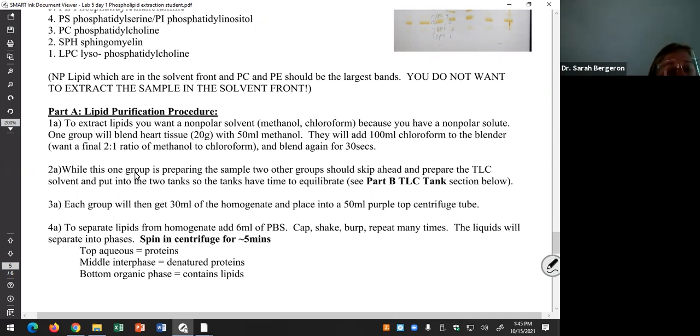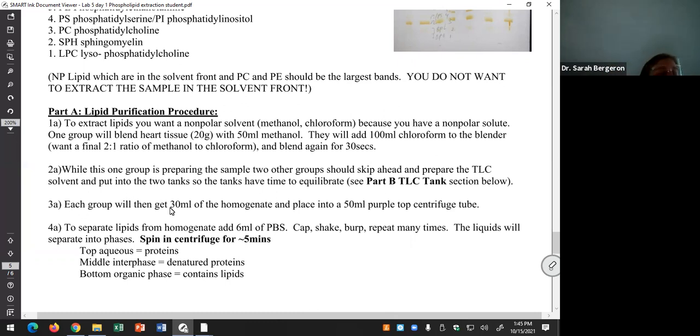Otherwise, if this is your plate and you don't let it equilibrate and you put it in right away, you're going to have varying amounts of travel for your solvent, and instead of a straight line, you'll end up with like a smile. And it's going to be really hard to see which band is which because they'll all be kind of mixed up. So you don't want to do that. So that's why equilibration is super, super important. Okay, and I think I tell you how to do that down below, right?